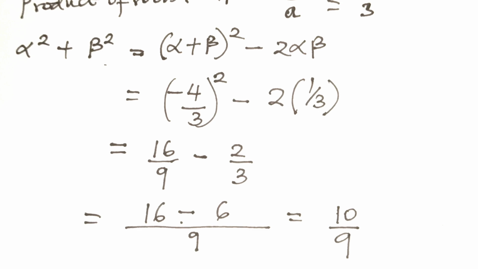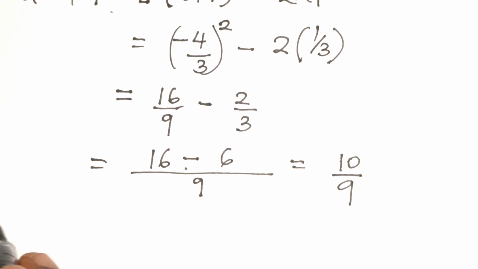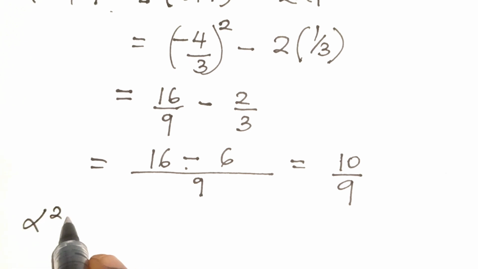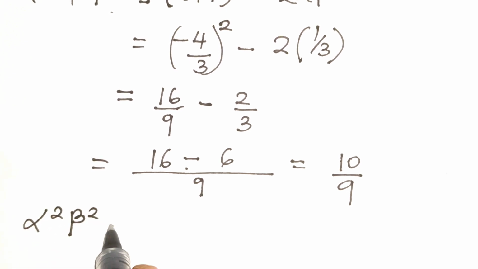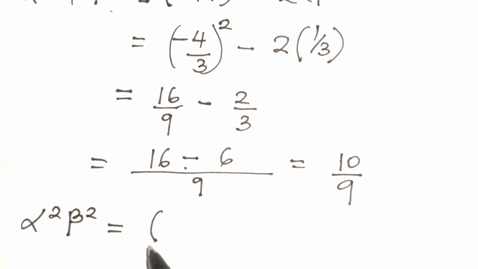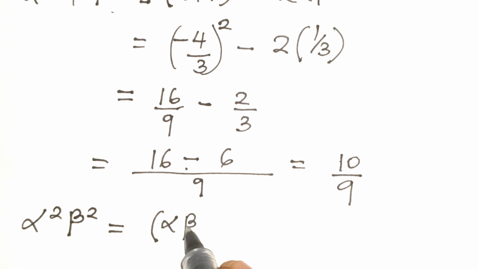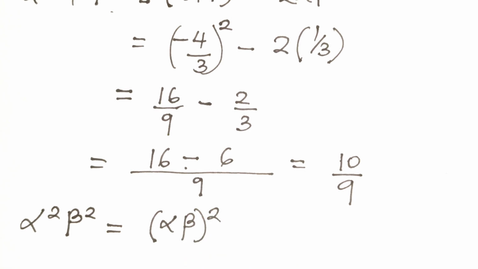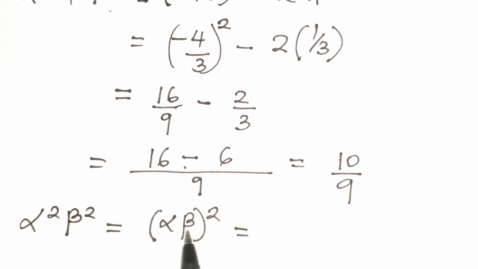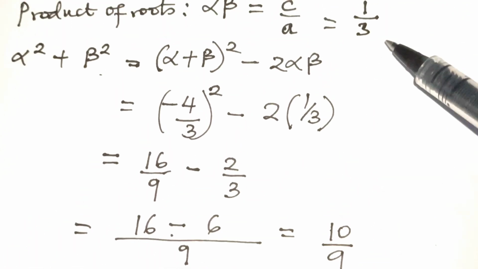Now let's get the product of the roots. The product of the roots will be alpha squared times beta squared. We already know that it is equal to alpha times beta all squared from the previous example also, and the value of alpha beta is 1/3.